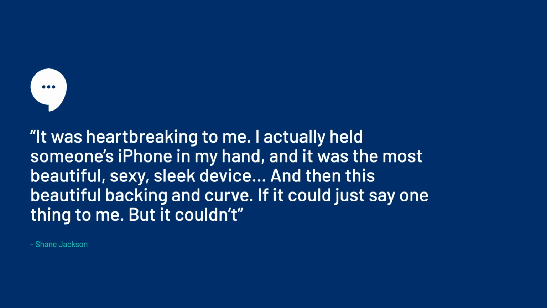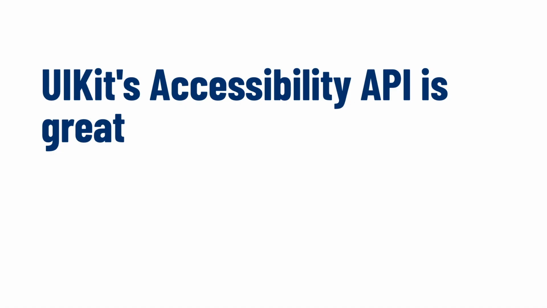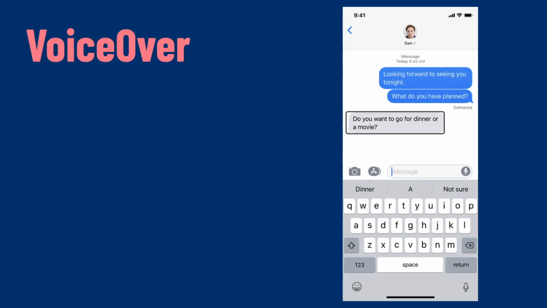It's generally considered to be one of the drivers for accessibility in a lot of modern electronics. The UIKit Accessibility API, which drives a lot of this, is really fantastic. It allows tools like VoiceOver, which reads the content of the screen and lets people with no or very little vision control their device.